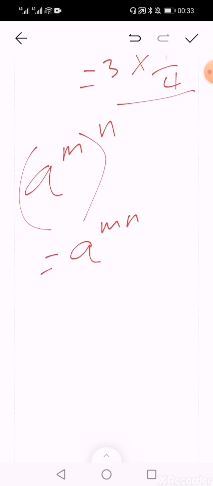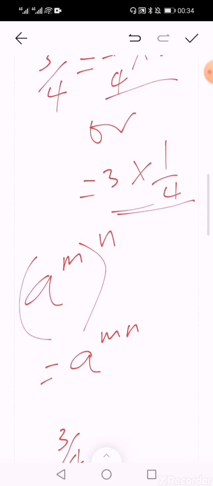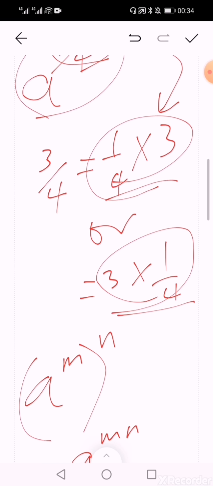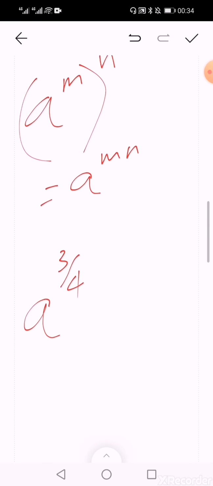So what we do here, we multiply the indices. Now let's look at our problem. We have a to the power 3 over 4. So I want us to write 3 over 4 in this format: 1 over 4 times 3. Let's start with that one.